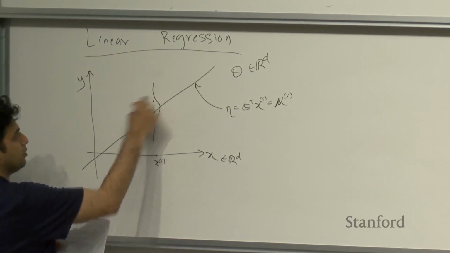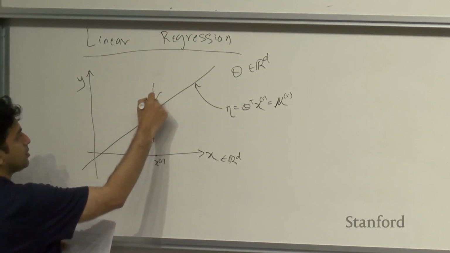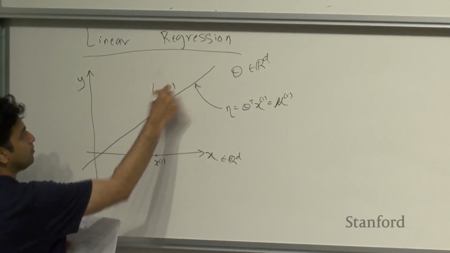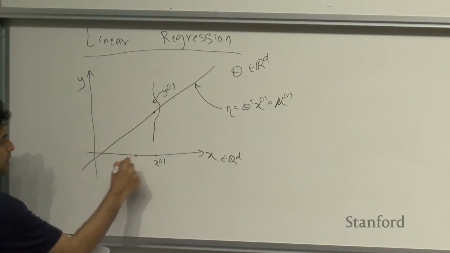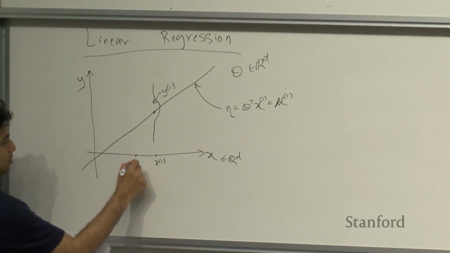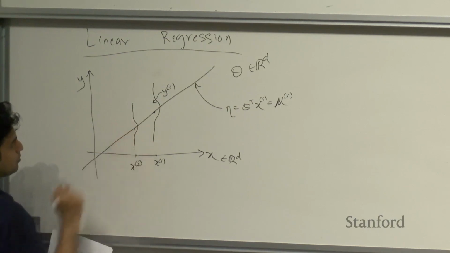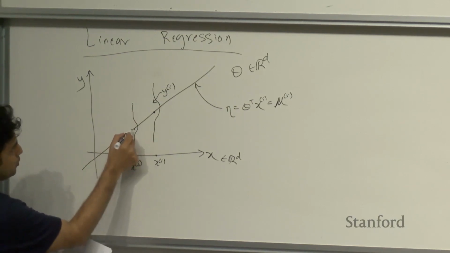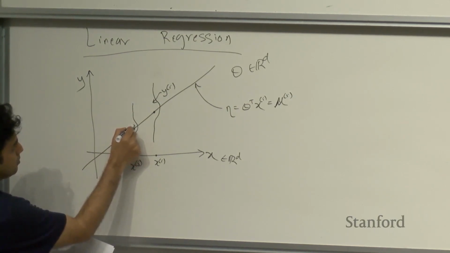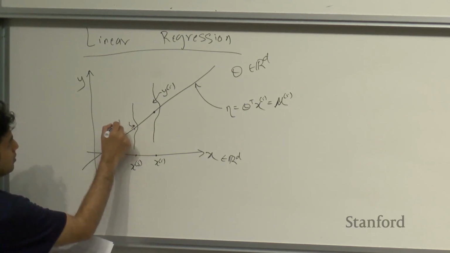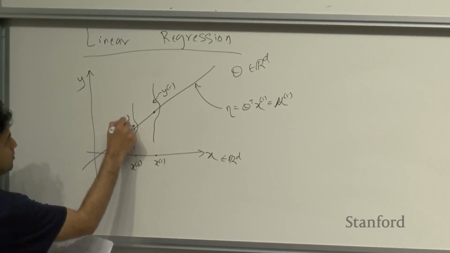Let's say we got this one, and this is y_i. Similarly, for a different x_j, there's a Gaussian distribution, and from it we sample, let's say, this is y_j.